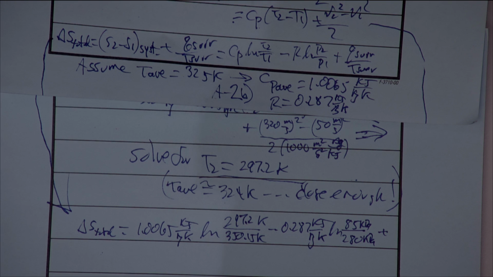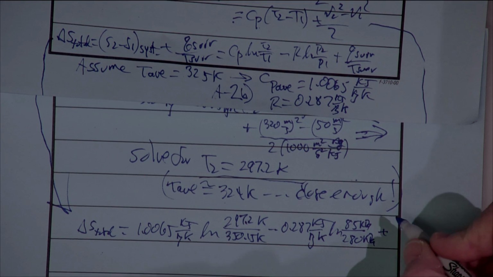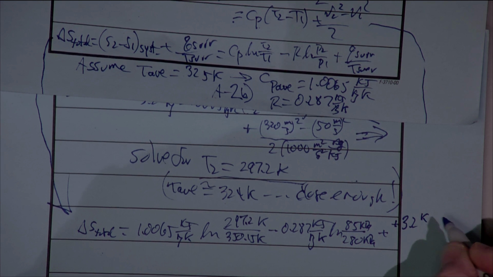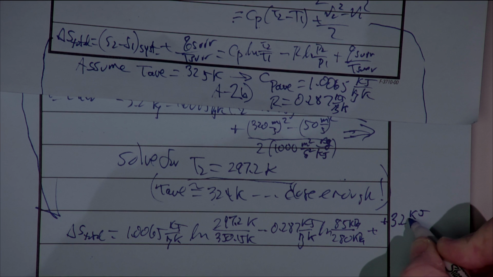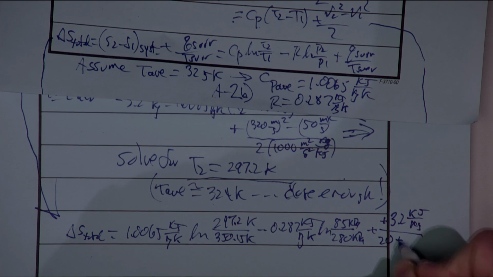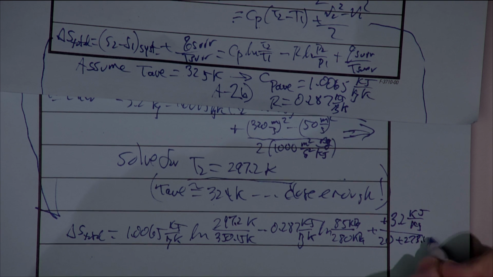Now remember, the heat transfer to the surroundings is equal and opposite to the heat transfer to the system. So that means we're going to have to use a positive 3.2 kilojoules per kilogram. And then we divide that by the temperature of the surroundings, and again, we need to convert this into Kelvin.